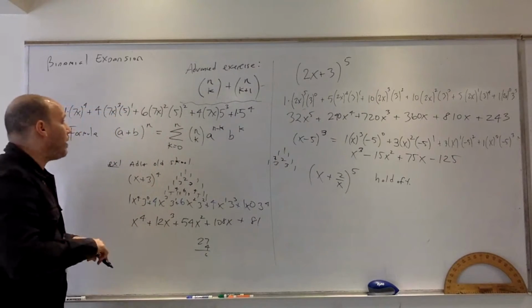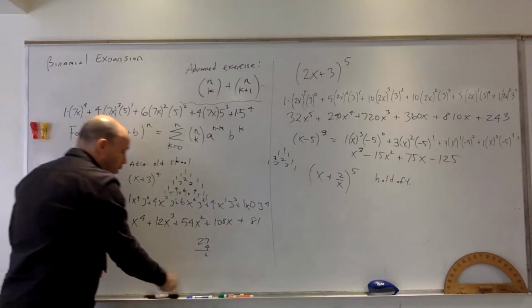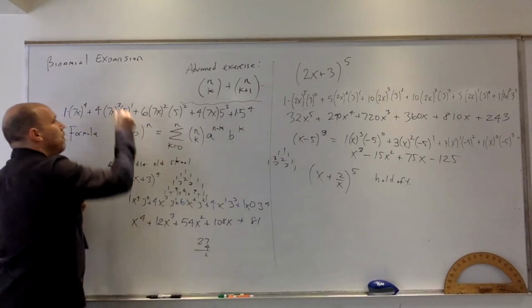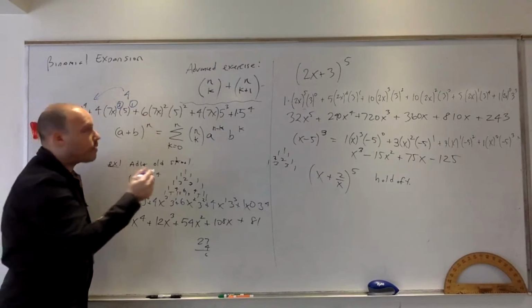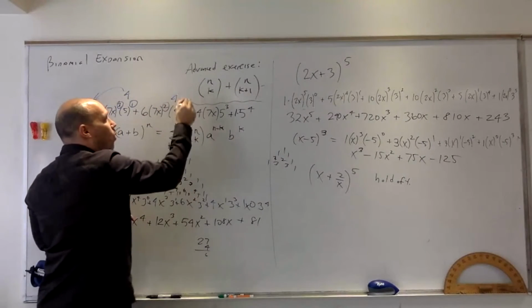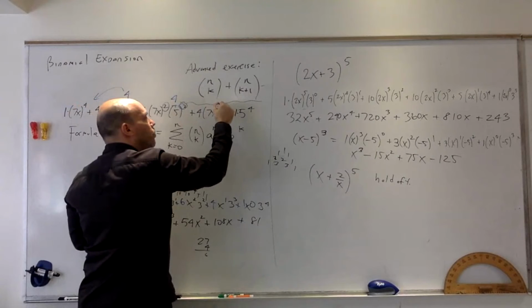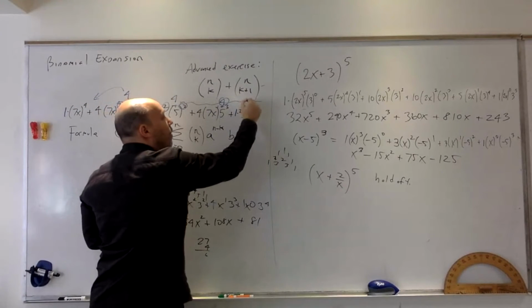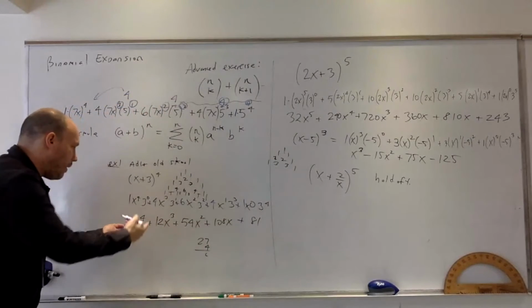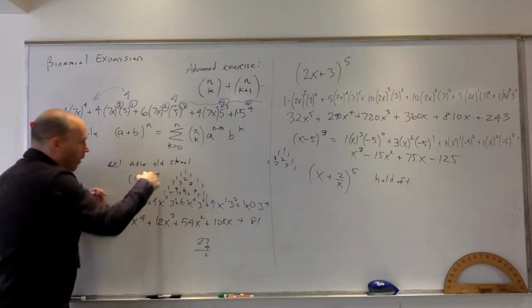Well, the next observation I noticed is the sum of the exponents. What's 3 plus 1? 4. Not a coincidence. What's 2 plus 2? 4. What is 3 plus 1? 4. What's 4 plus 0? 4. We see it over here also.